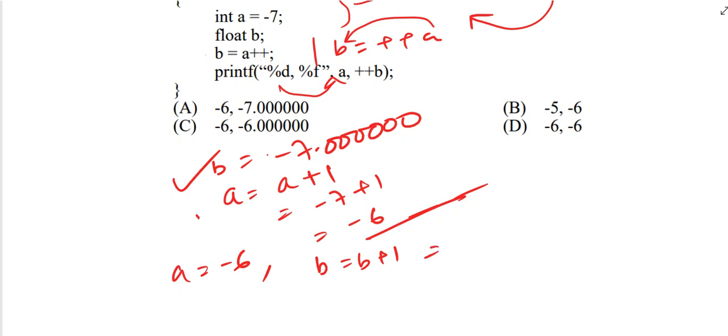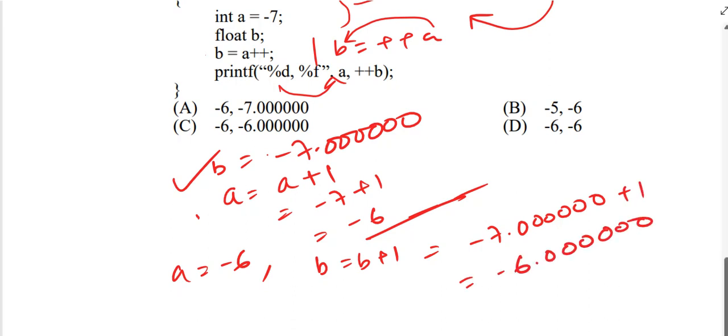So minus 7.12345 plus 1, that means minus 6 point. So the value of a will be minus 6 and the value of b will be minus 6.123456. Okay, so what is the correct answer?